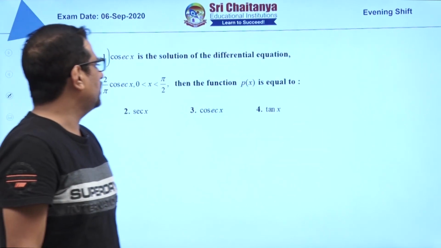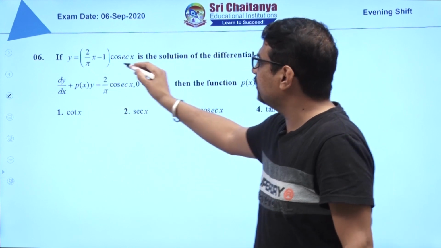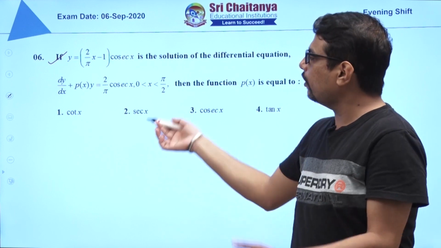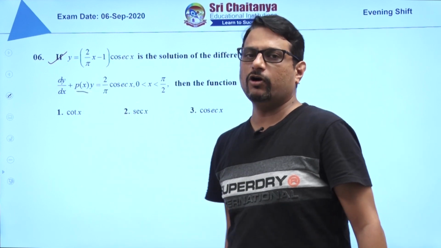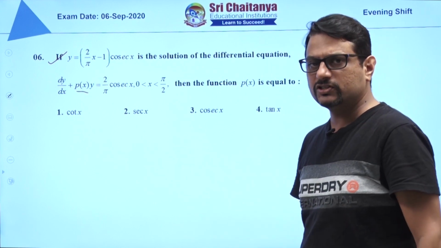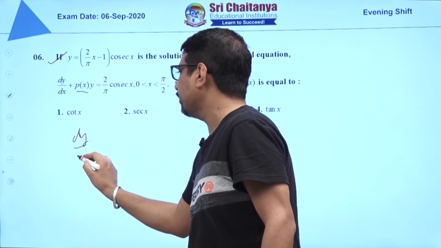So here this is a question based on differential equations. The solution is given and you have to form a differential equation. When you form a differential equation, you can easily compare and find what P of x will be. So how to form a differential equation? As we know, we have to differentiate. So when you differentiate, y dash, let us write dy by dx.